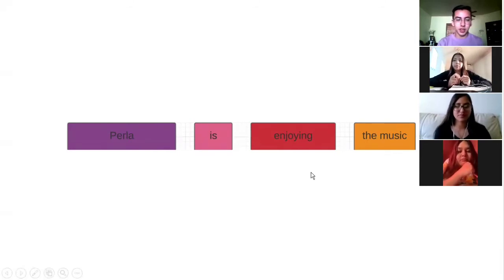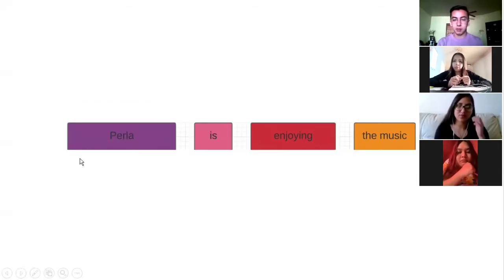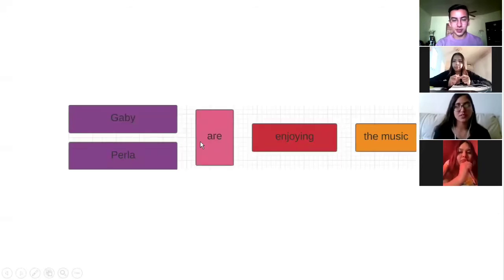So here, if I add another subject, which is Gabby, what happens with the auxiliary? It changes to a plural auxiliary. Exactly. In here, if we add Gabby to the sentence, it becomes Gabby and Perla.